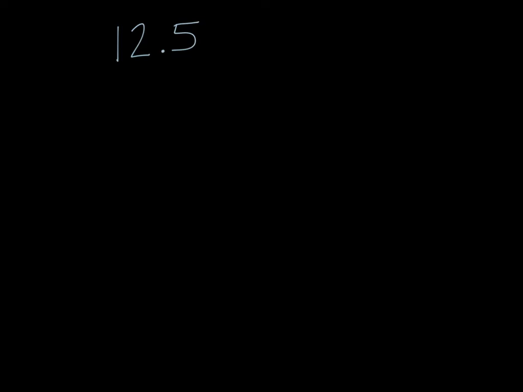I'm going to do one more example of this with another decimal. Here we have 12 and 5 tenths. The first thing I want to do is write this as a fraction. So I can write this as 12 and 5 tenths. To put this as an improper fraction, I want to think about what is 12 times 10. 12 times 1 is 12, so 12 times 10 is 120.